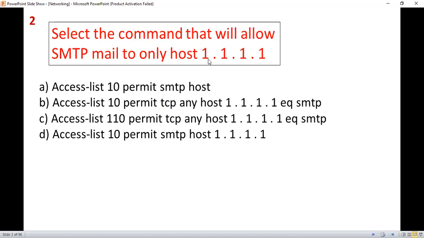The port for this SMTP mail, which you can see here, is 1.1.1.1. What will be the answer for this question?